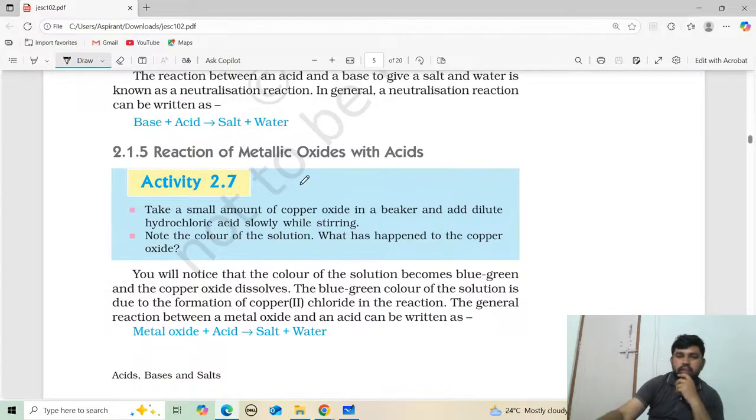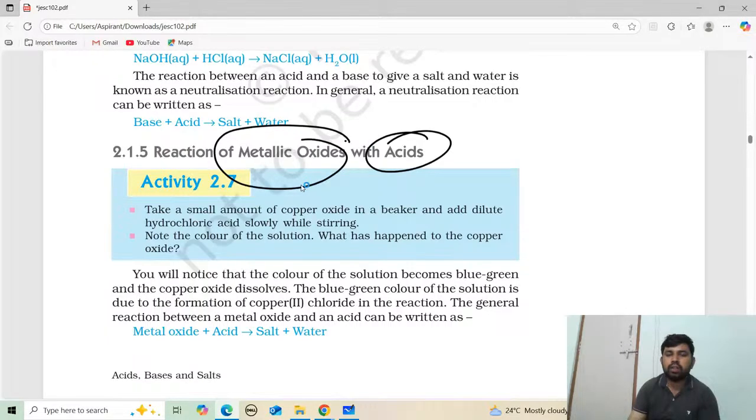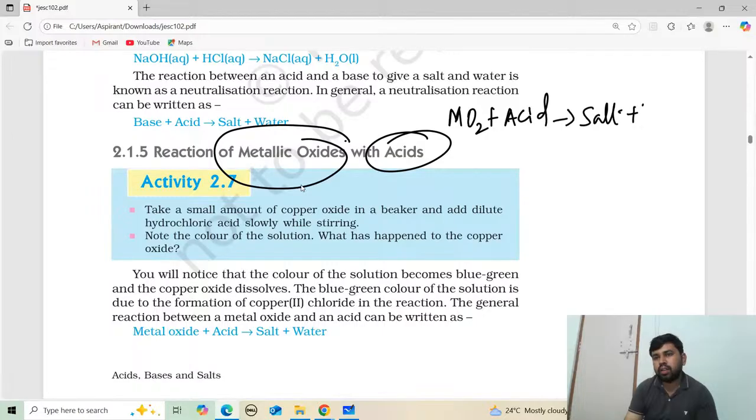Consider the reaction of metal oxide with acid. A metal oxide, written as MO2, plus acid gives salt and water. So what is the nature of the metal oxide? It gives salt and water.